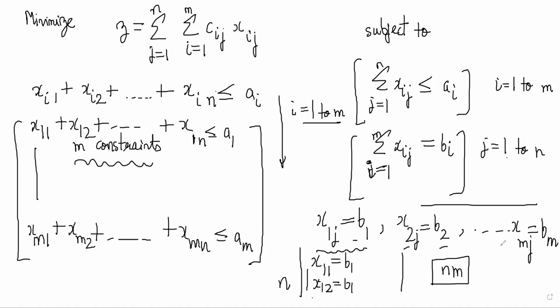This goes on to xn, x1, and j goes to n, 1n.